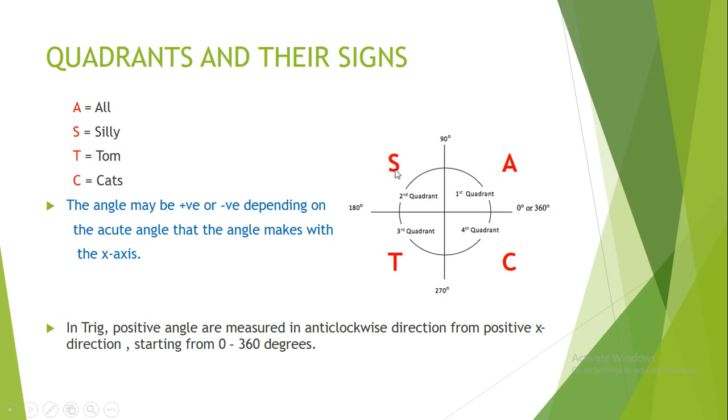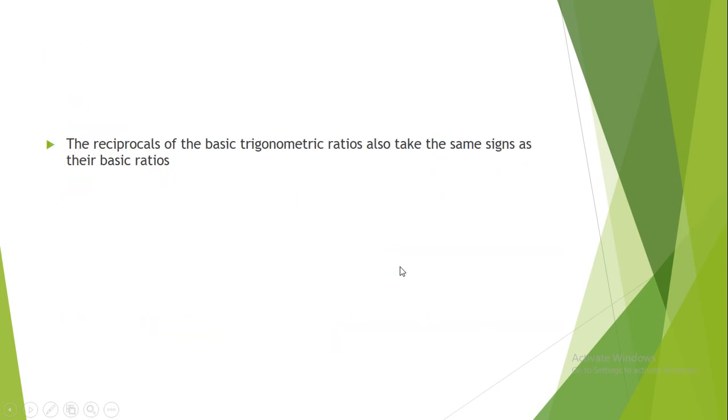Because 1 over sine is cosec. Since sine is positive here, cosec is also positive, but the other trig ratios are all negative. And here, since tan is positive, cot is also positive, but all the others, sine, cos, cosec, sec, are negative. You get it? So this is the meaning of the sentence over here.